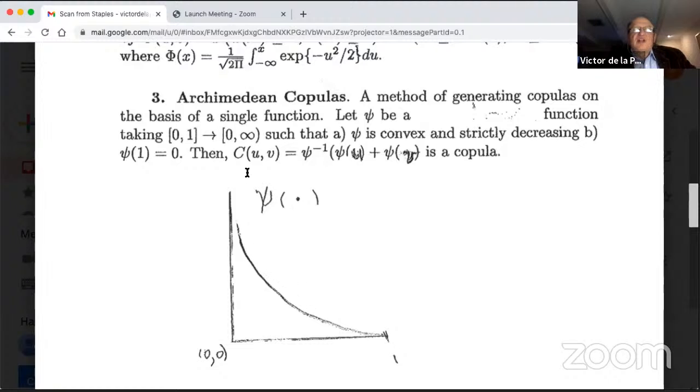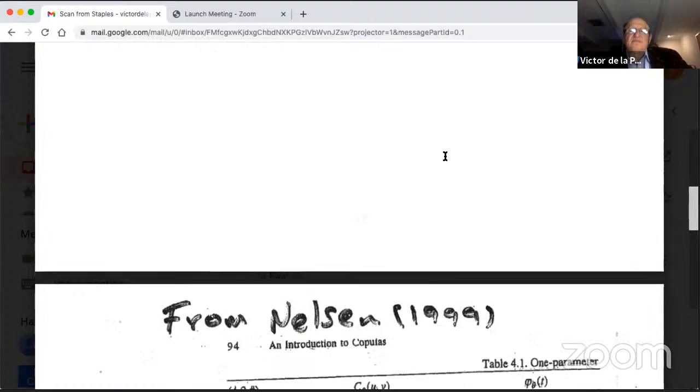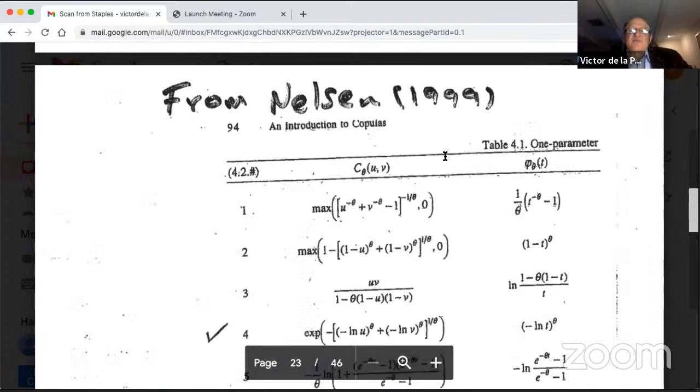Then the copula of U and V is going to be the inverse of psi evaluated at psi of U plus psi of V. This is a copula. And when you replace the function psi, you get a different copula. So for example, this is from the book of Nelsen, 1999.